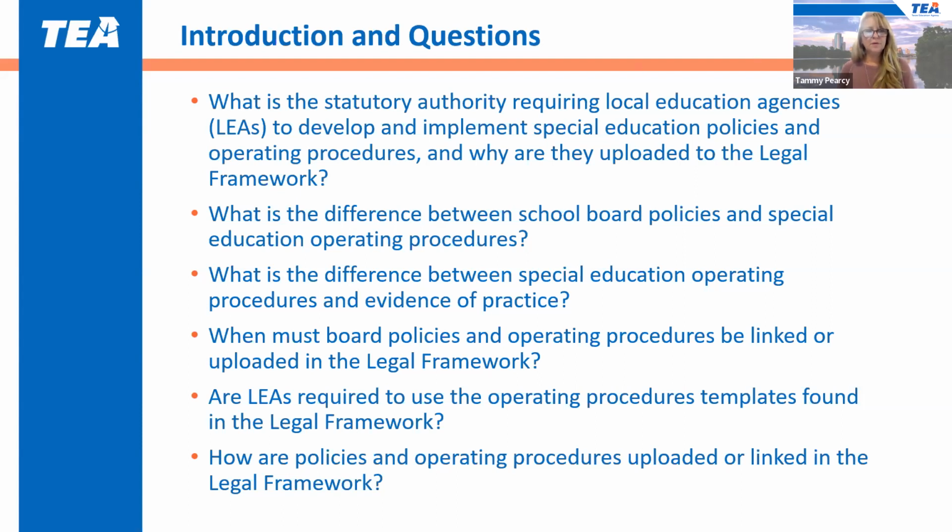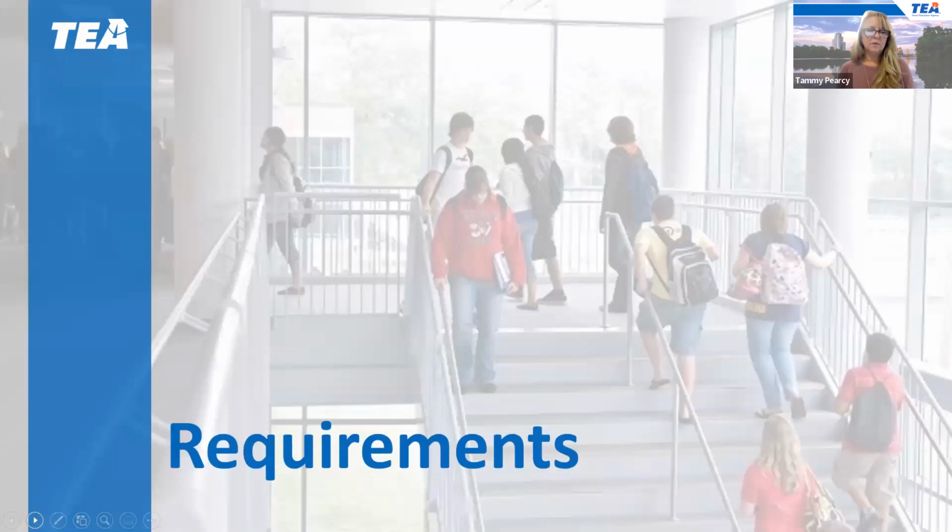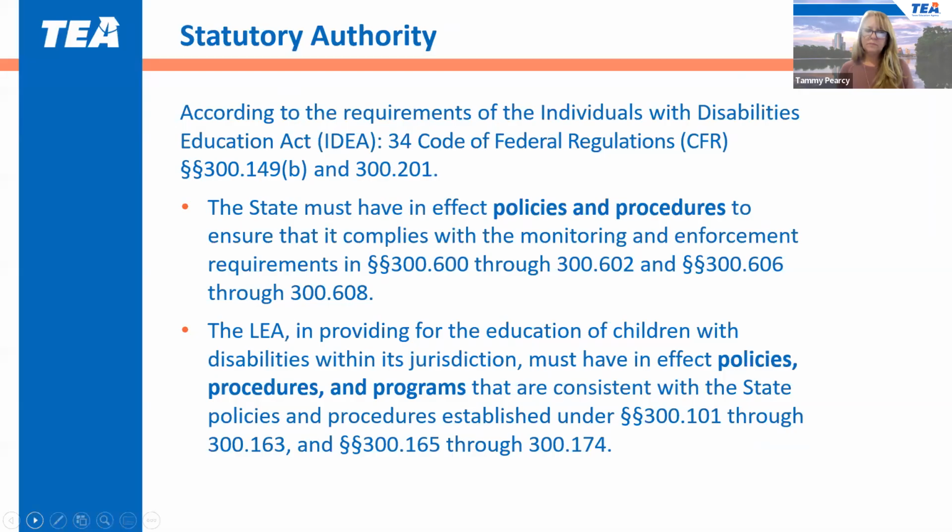So let's get started here. The first section is authority, I believe. Susan, you can advance. Our requirements, go ahead. So we have statutory authority that requires the state to do a couple of things here. First, the state must have in effect policies and procedures to ensure that it complies with the monitoring and enforcement requirements that we find under the Code of Federal Regulations in 300.600 through 602 and 606 through 608.